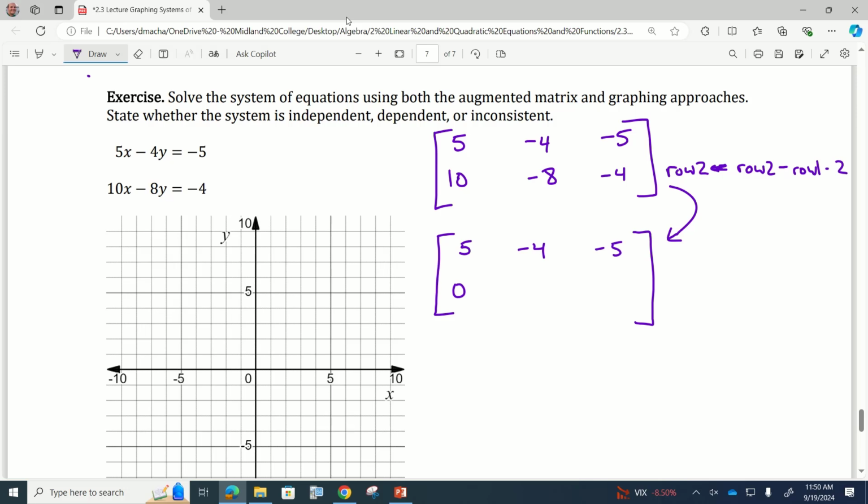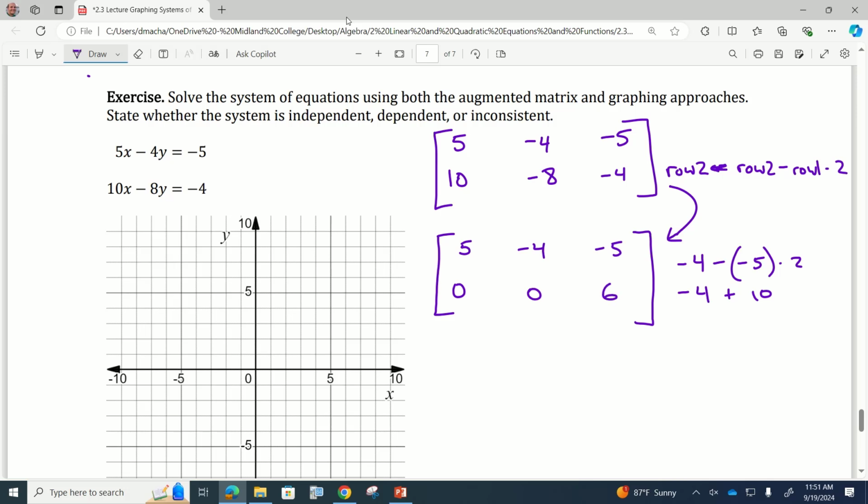Negative 8 minus negative 4 times 2, that's negative 8 plus 8, 0. And then I got negative 4 minus negative 5 times 2. So that's negative 4 plus 10. That should be 6. Right?